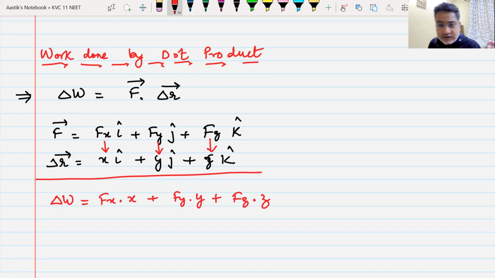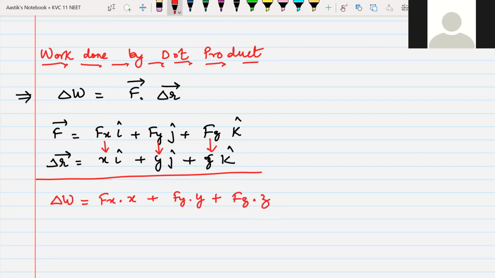Some of these terms would be positive, some could be negative, and ultimately you will get the answer from this. Do you understand? I'll give you an example, don't worry. Please note it down. I'll give you 2 minutes to note it down.